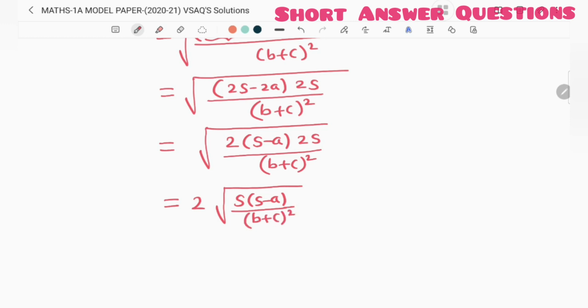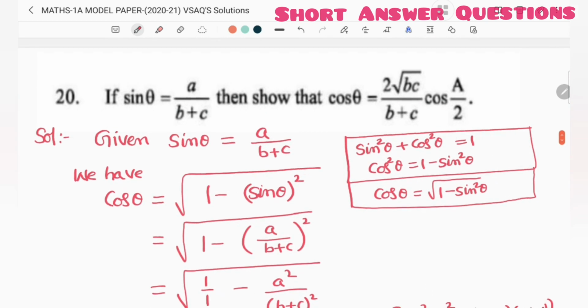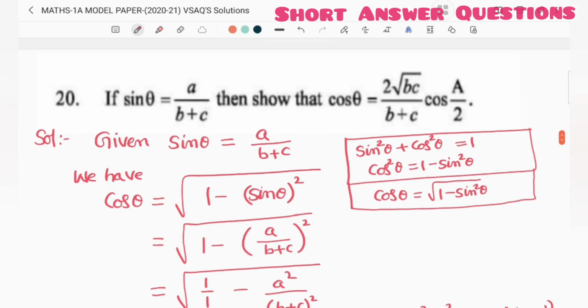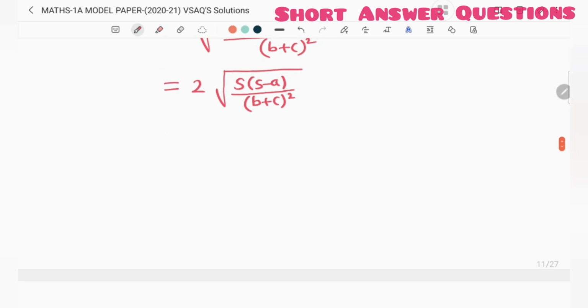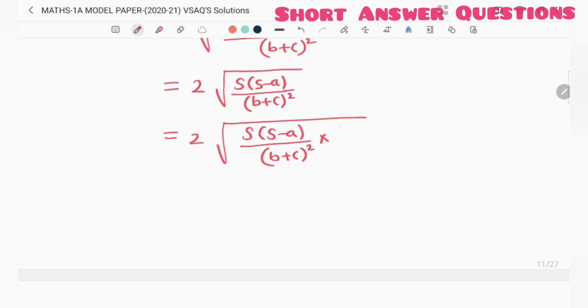To get the answer, in the answer step, 2 root bc is there. They are asking to prove cos theta equal to 2 root bc by b plus c. So bc is not there, which means we need to multiply and divide within the square root, s into s minus a by b plus c whole square, by bc.